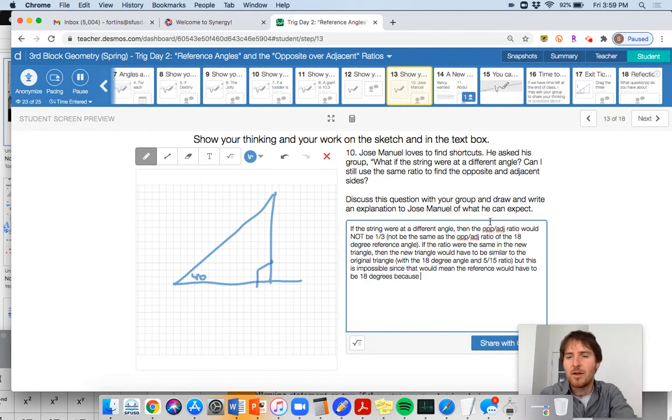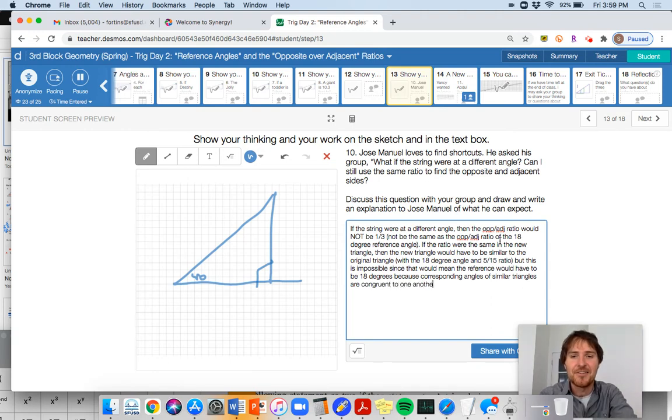Because corresponding angles of similar triangles are congruent to one another. Sort of like an indirect proof that I just wrote there.